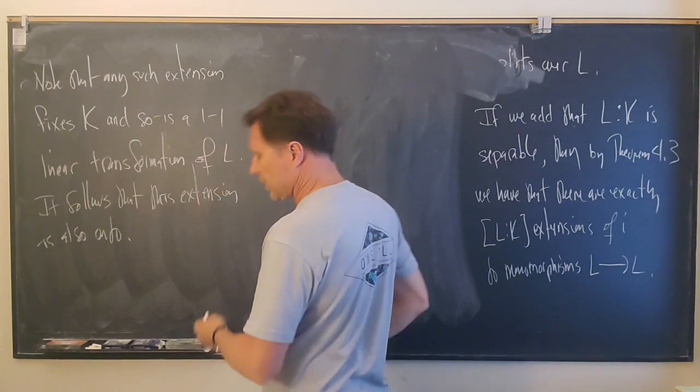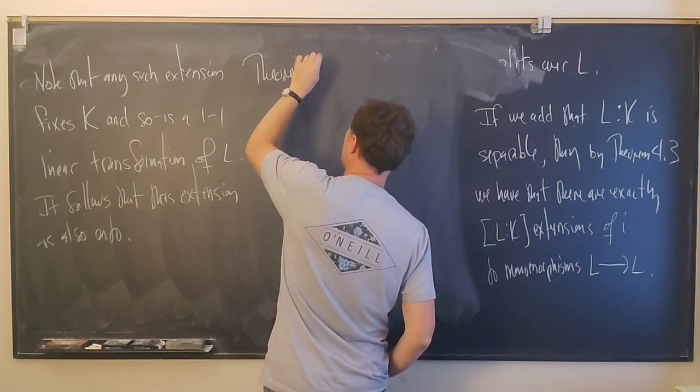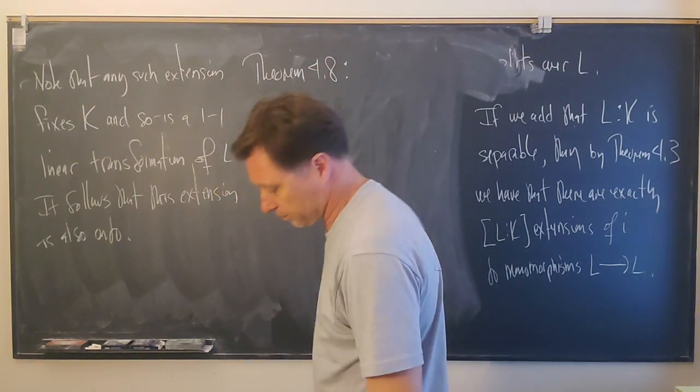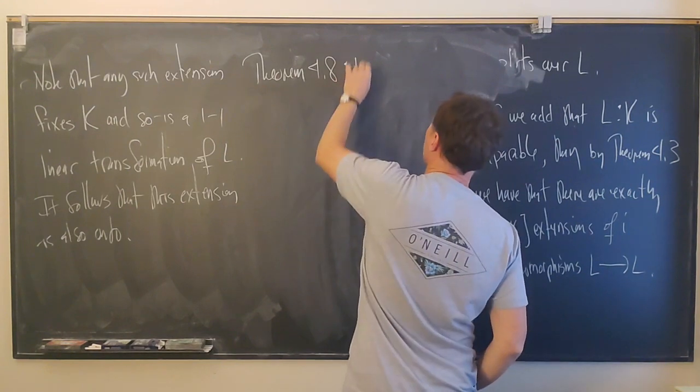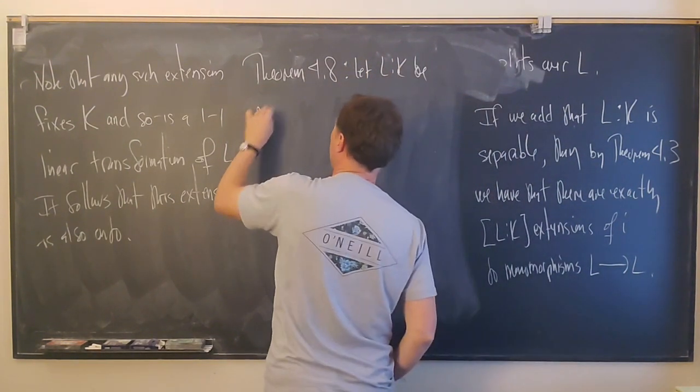So let's collect what we just said as a theorem. We essentially just proved this. Theorem 4.8: let L over K be a finite extension.